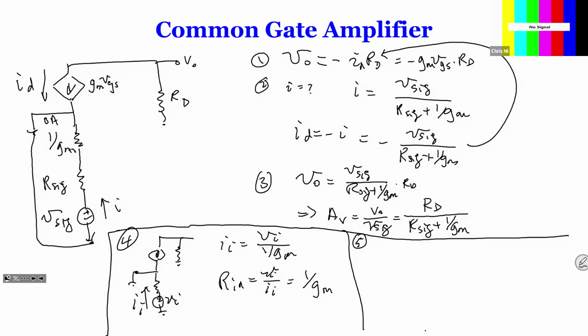In this case it doesn't matter very much; it only makes a difference when we have the emitter follower. But let's see. We're going to short the whole thing to ground, but the gate is also ground.